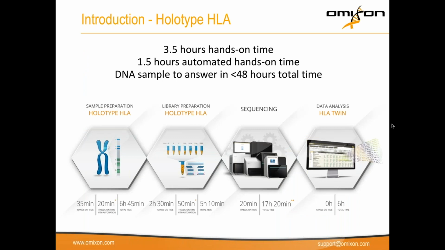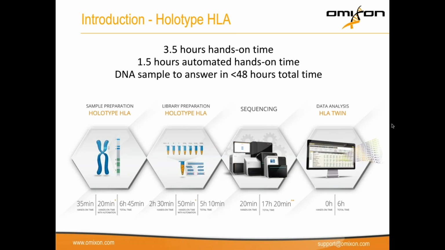As most of you know, Omixon's flagship product is Holotype HLA, but let me give a quick summary of it for the participants that are not as familiar with it. So Holotype HLA is an NGS-based assay for HLA genotyping on the Illumina platforms. The whole protocol requires about 3.5 hours of hands-on time from beginning to end, 1.5 hours of hands-on time if it's automated, and allows you to go from DNA to genotyping in less than 48 hours.